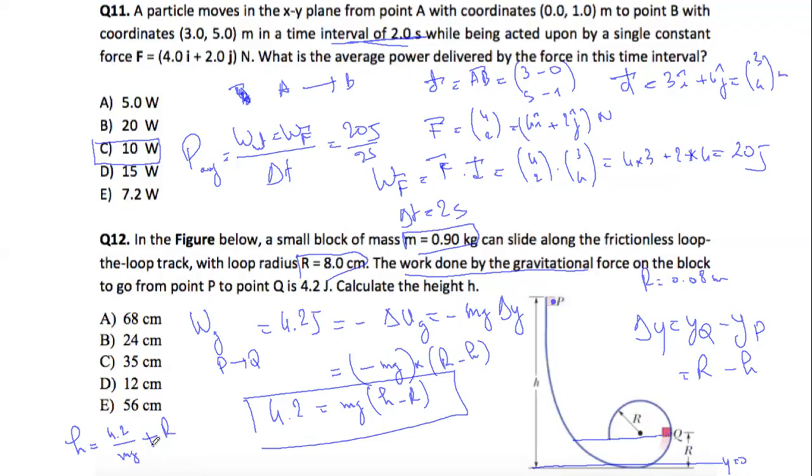I know everything here. m is 0.9, g is 9.8, and r, you put it in SI units, 0.08 meters. When you do that, you get 0.56 meters, which is 56 centimeters.